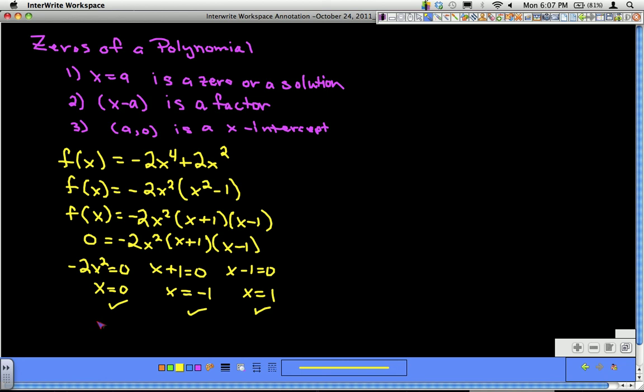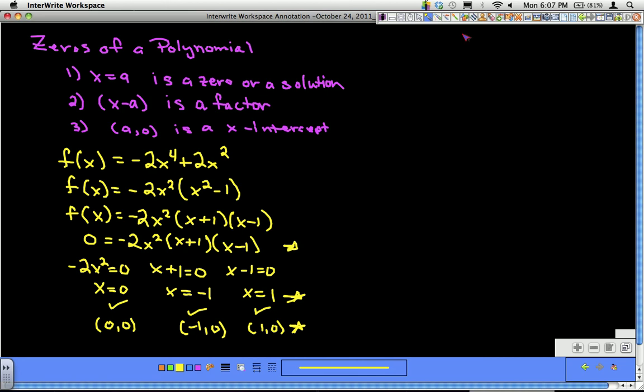In this case, (0, 0), (negative 1, 0), and (1, 0). So this line gives us one set of information. Here's another. Here's another. It just depends on how they're asking the question, whether they want factors, zeros, or x-intercepts. So not too tough to deal with there, as long as you're comfortable dealing with our factoring.